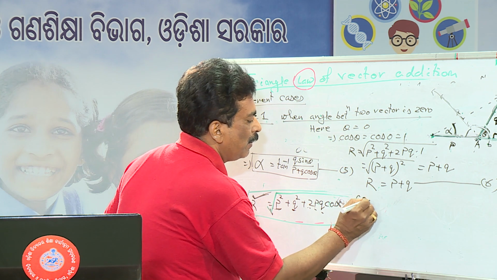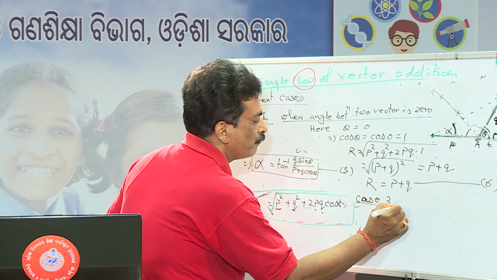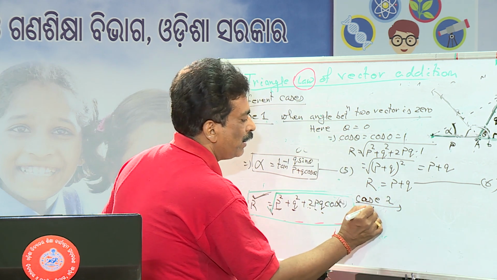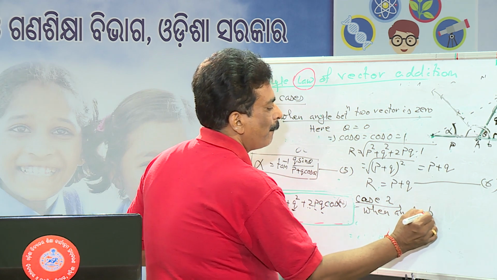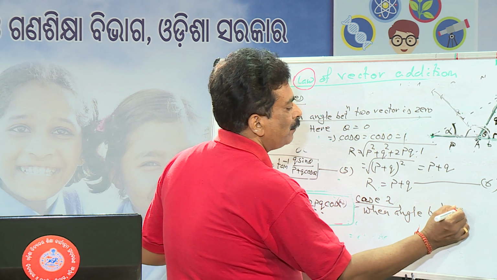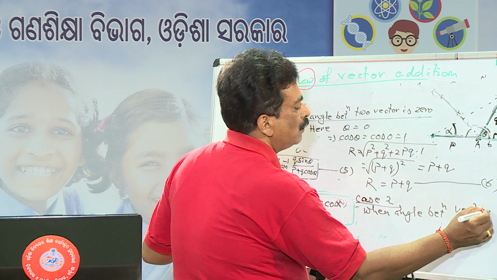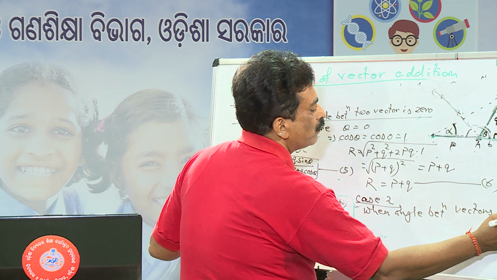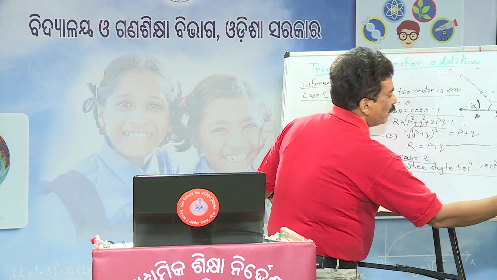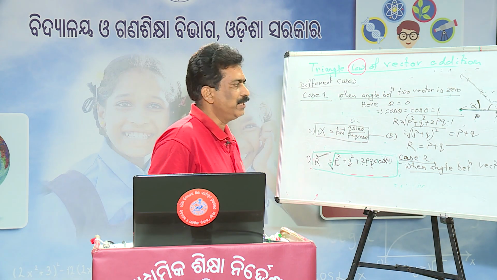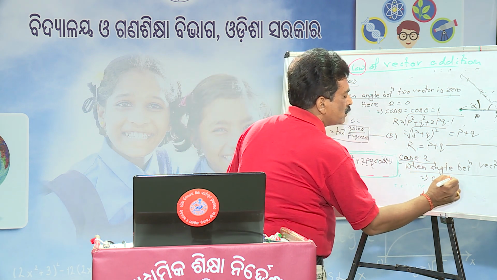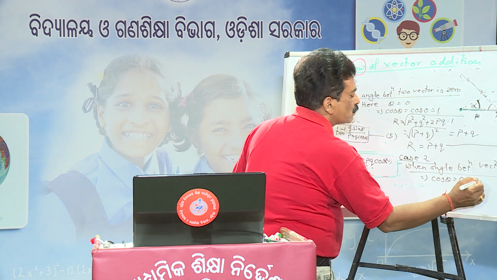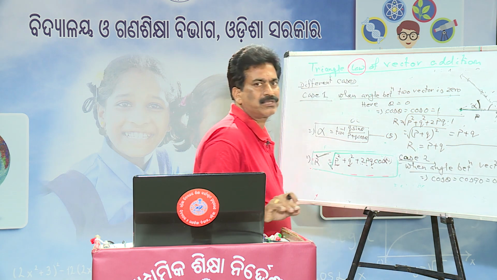For case 2, when the angle between the vectors is 90, that means theta is equal to 90. So cos theta is equal to cos 90, which is equal to 0.